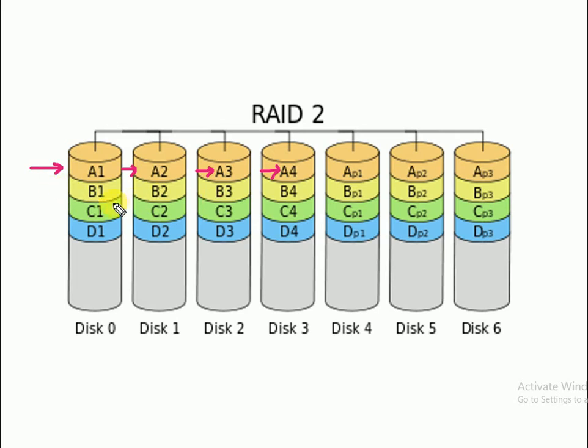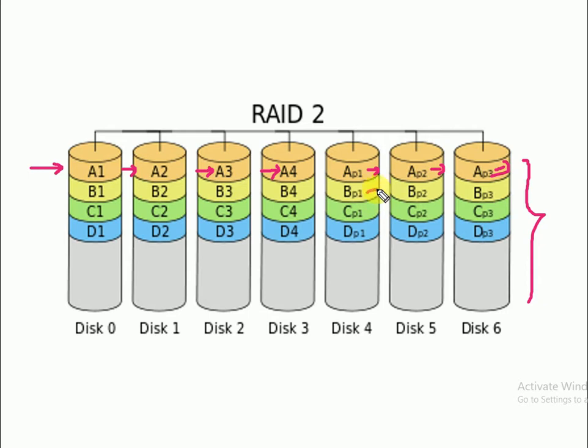Each bit is stored separately, and we can also see that we have additional parity Hamming code disk data available. For some portion of A, parity 1 strip is available, and parity 2 and parity 3.